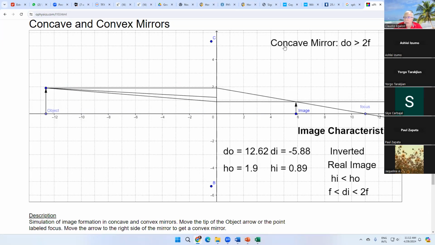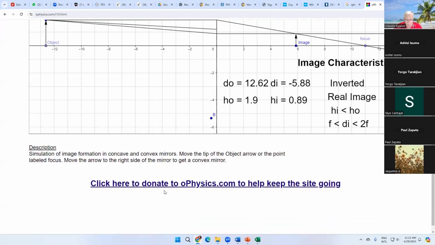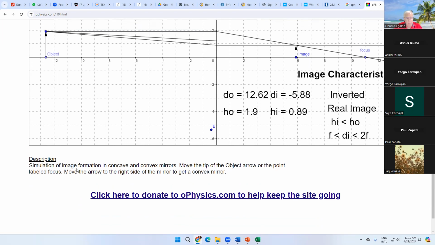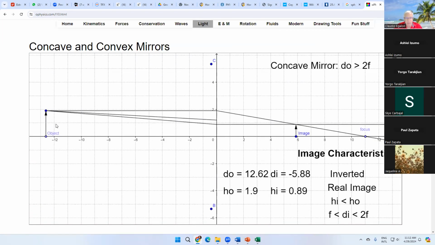There must be something wrong with this simulation. It's still saying concave mirror, it's not concave mirror. Let's see, simulation, click here to the next, move the tip of the object. Okay, well, what we have is exactly what's supposed to be. So here you go, see the light ray parallel to the axis is reflected away and its extension passes through the focal point.